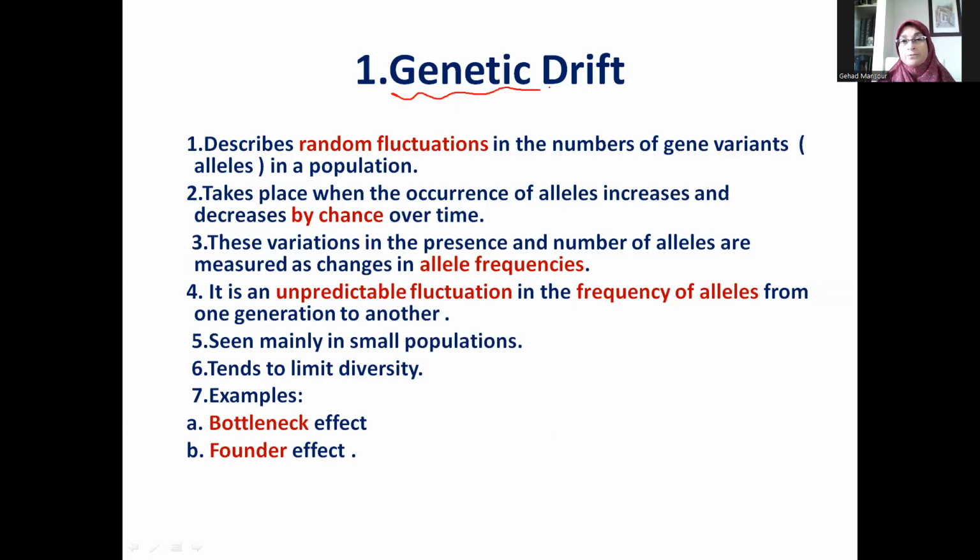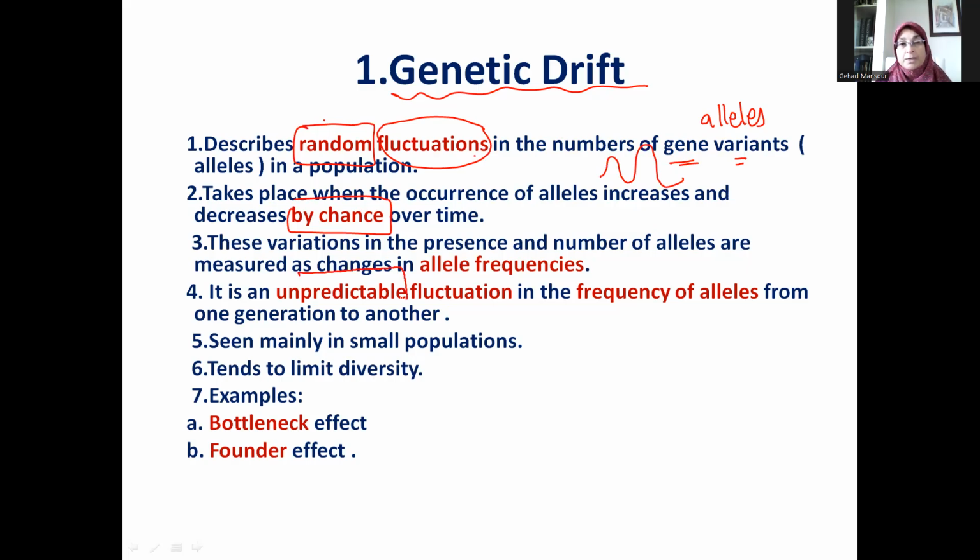So when you define genetic drift, you have to talk about a change in allele frequency. You have to talk about fluctuations in the numbers of gene variants, and the gene variants are nothing but the alleles. But you have to remember the adjectives that you can use. They are random fluctuations. They occur by chance. And as I said, fluctuation means that there is an increase followed by a decrease.